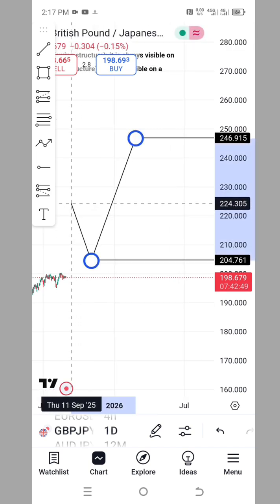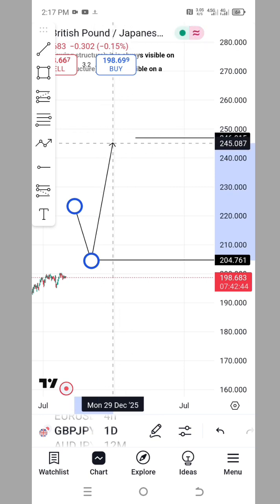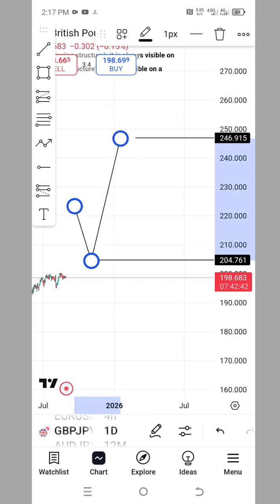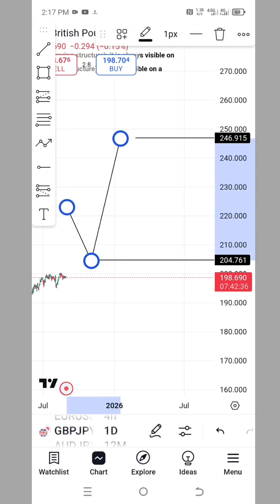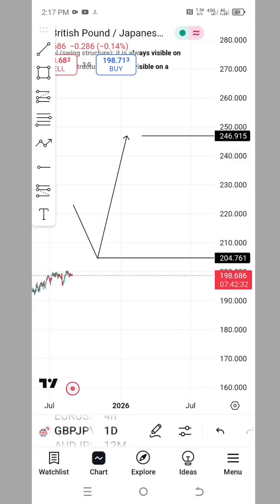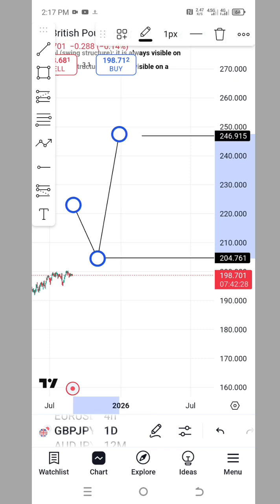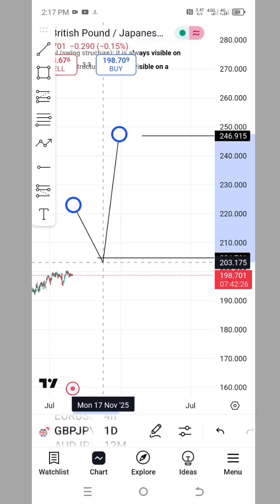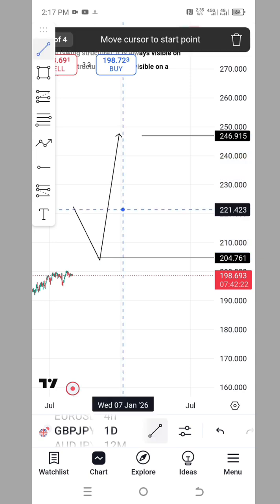Then the market has broken it with this long one, and this is the new higher high. This is our higher low. This was a high before.